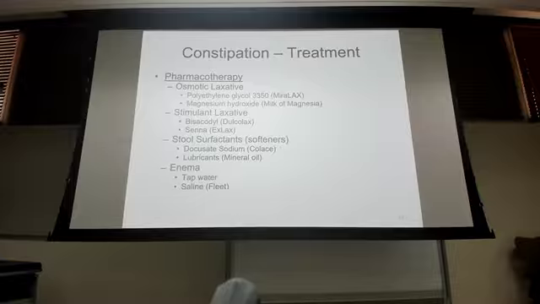So I mentioned first line treatment is going to be your lifestyle. Then you're going to add those bulk forming fibers into the diet. Next pharmacotherapy would be the osmotics. The board loves PEG, the polyethylene glycol, as an osmotic laxative.